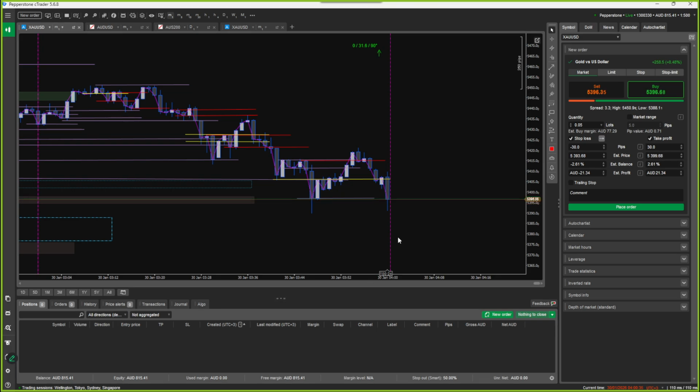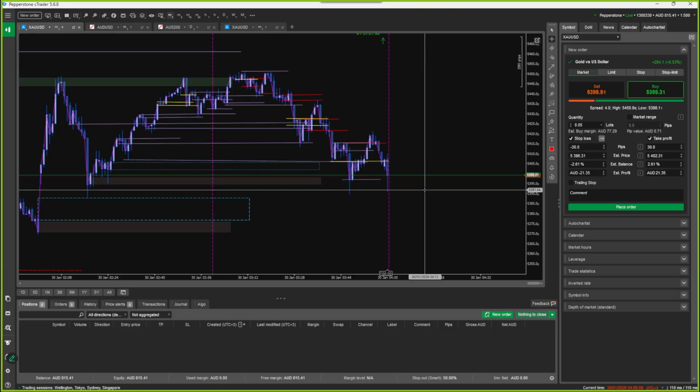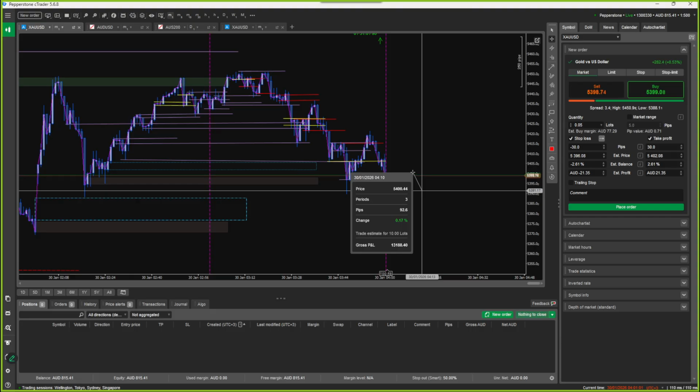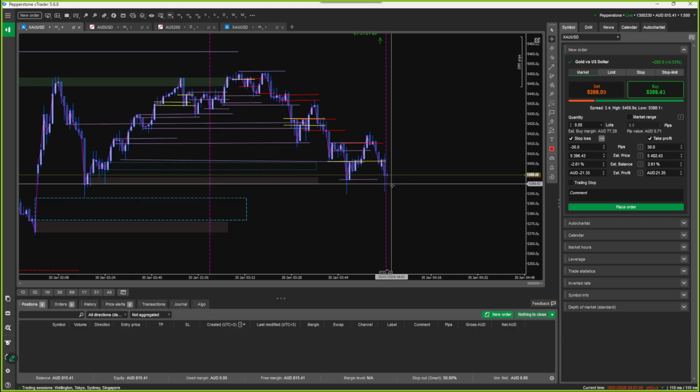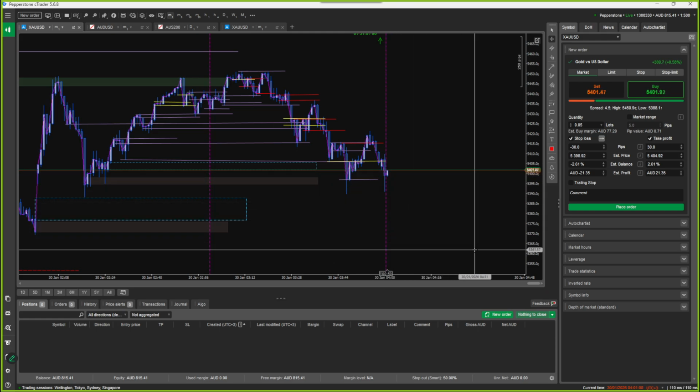What's that? Yeah, the pink line. 14 seconds to go to that. The bottom of that wick in there is 76 pips.